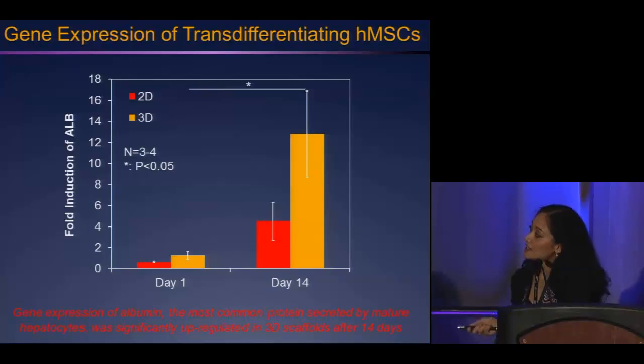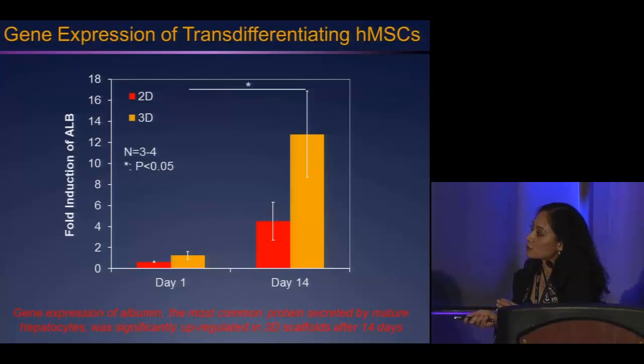Now, if we look at the gene expression, one of them being albumin, which is the most common protein secreted by mature hepatocytes, this shows 2D versus 3D, but the 2D and 3D cultures that were treated with the control media did not have any albumin or minimal albumin expression, which is expected because HMSCs really don't have the ability to produce albumin in their current undifferentiated state.